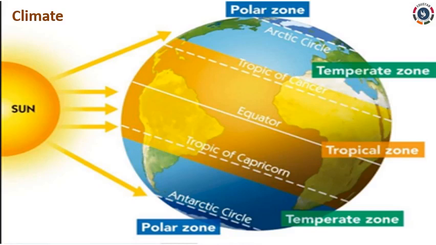So there are longer days and shorter nights in summer, and shorter days and longer nights in winter. That is vice versa of summer and winter. Is it clear? And depending upon the distance from the sea, the temperate regions receive moderate to low rainfall.